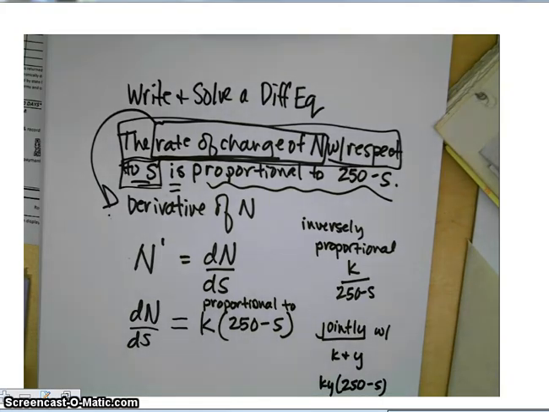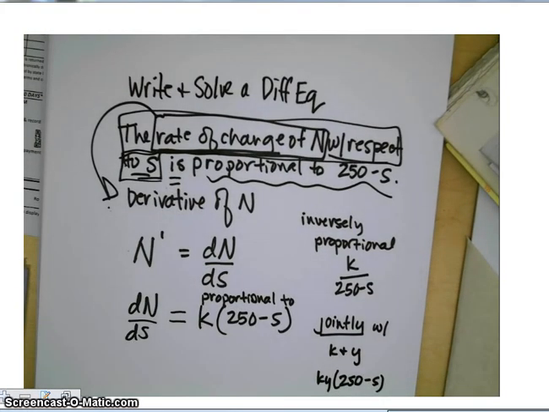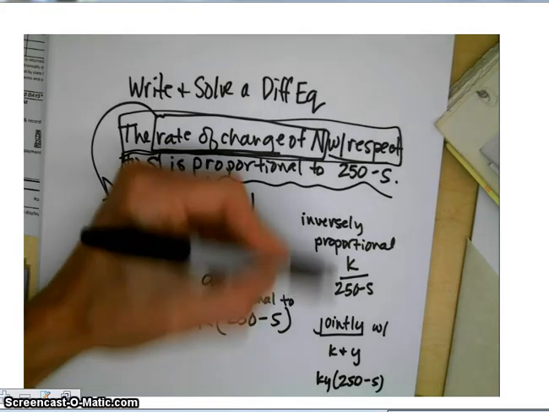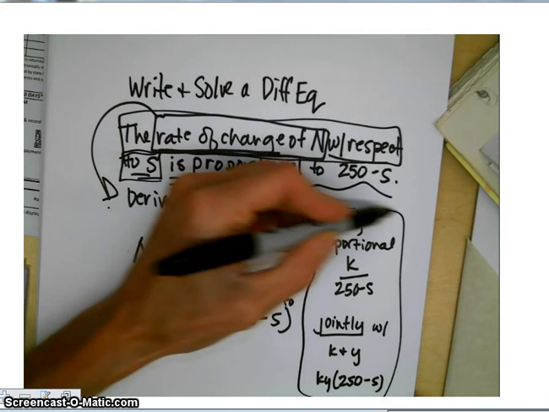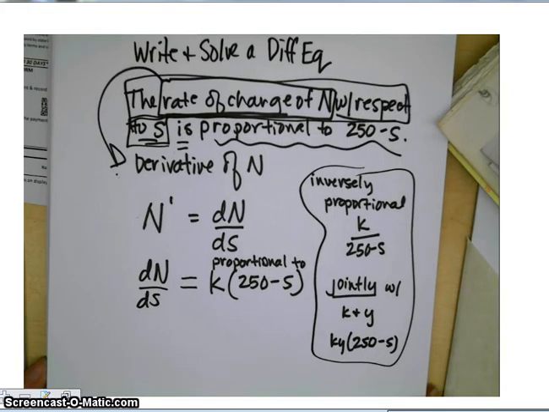So those are basically the three types of relations. This is all stuff from Algebra 2, by the way. Joint variation, inverse variation, proportional, direct variation. And it's just the different ways you write the equations. These are just for maybe other problems that you run into, just so you have some notes on that.